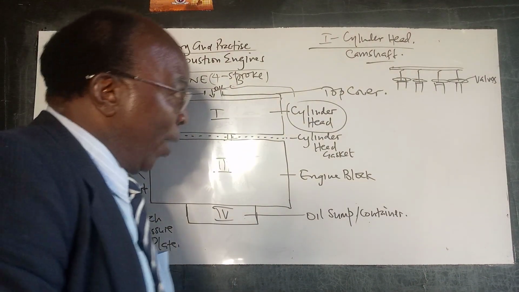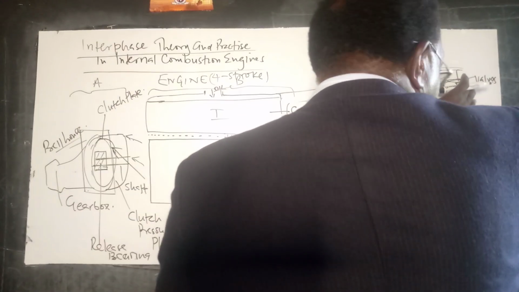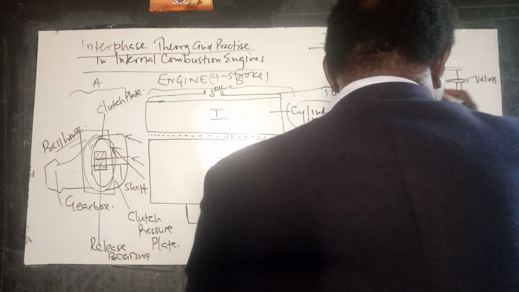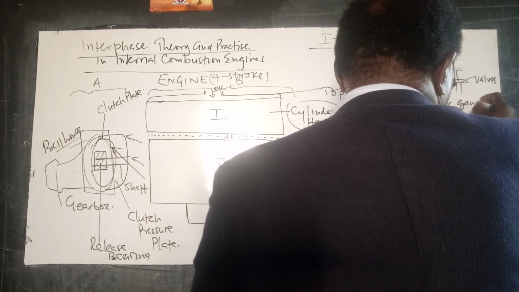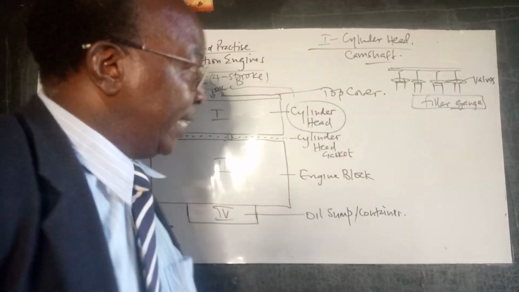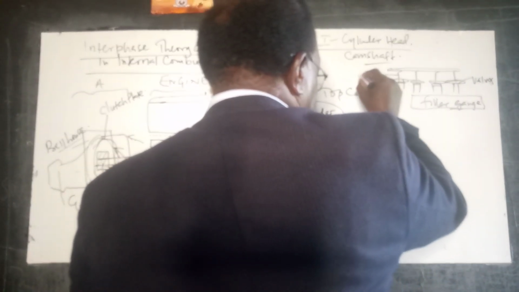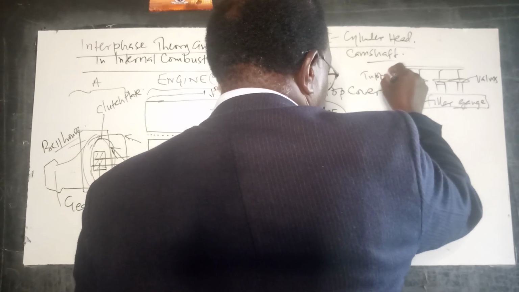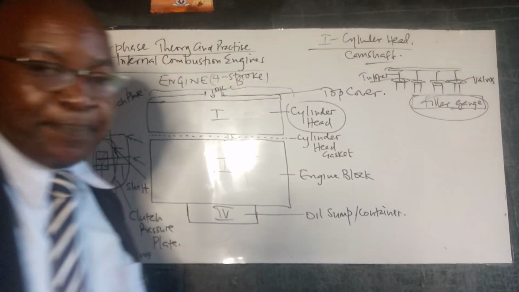So when you are doing that, you are looking at the clearance, and you have to use what's called a feeler gauge to deal with the tappet clearance. Let's call these tappets. You have to do what is called tappet clearance.